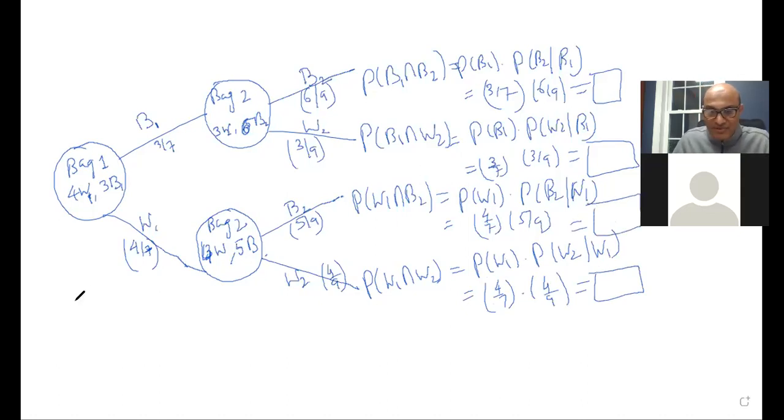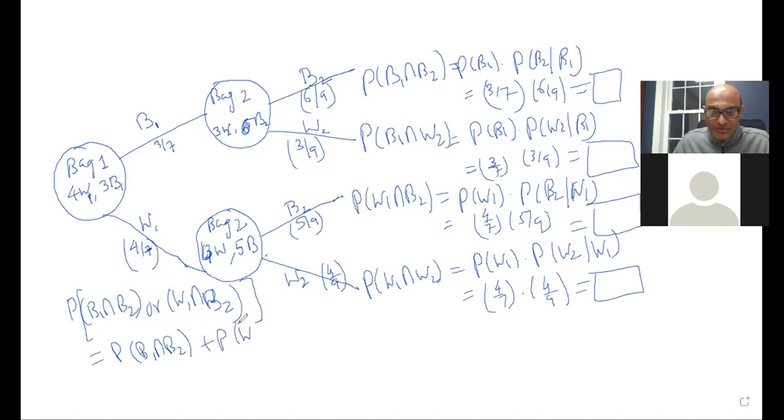As I told you, our question asks for the probability that the second one is black, right? So it is B1 intersection B2 or W1 intersection B2. That is equal to probability of B1 intersection B2 plus probability of W1 intersection B2, because these two events are mutually exclusive.